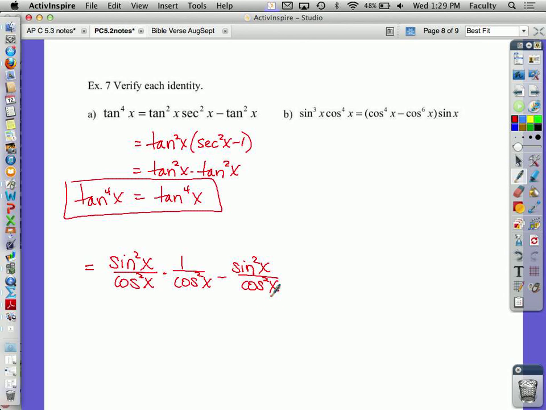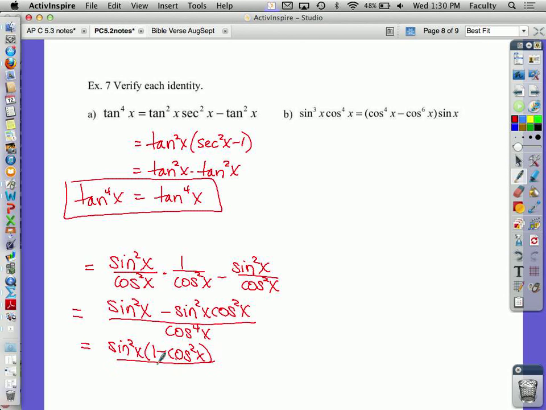All right, let's see. Well, they don't have a common denominator. So do you see I would need to multiply this one by cosine squared? So that would be minus sine squared x cosine squared x over cosine to the 4th x. Now, I mean, at some point you've got to catch the GCF.